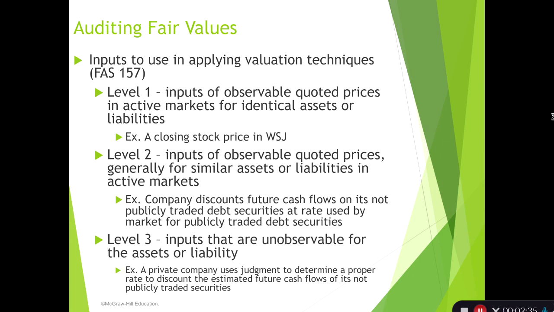And then level 3 is the worst level of reliability for a fair value estimate, and that's when you can't really observe the inputs, in the sense that you can't correlate them with anything outside the firm.